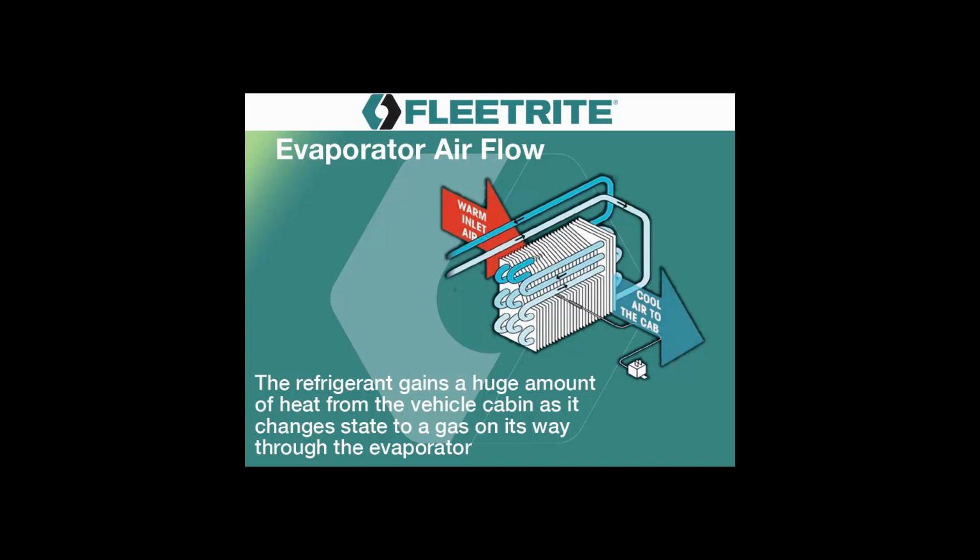Again, just like on the condenser, if you can't get airflow through there, you don't get that nice cooling coming out of the vents. So you've got to make sure there's also a cabin air filter in there to filter out all of the dirt, dust, and whatever coming in so that it doesn't get into that wet evaporator and turn into mud, turn into sludge and dirt, preventing that airflow.